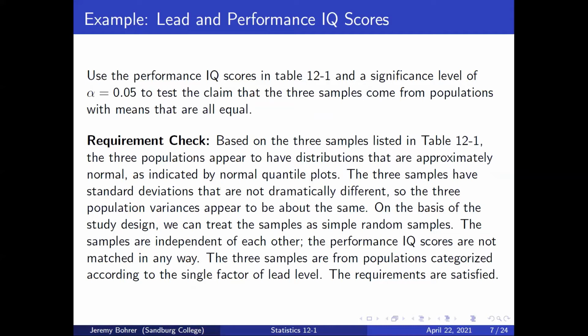The three samples have standard deviations that are not dramatically different, so the three population variances appear to be about the same. On the basis of the study design, we can treat the samples as simple random samples. The samples are independent of each other. The performance IQ scores are not matched in any way. The three samples are from populations categorized according to the single factor of lead level. The requirements are satisfied.